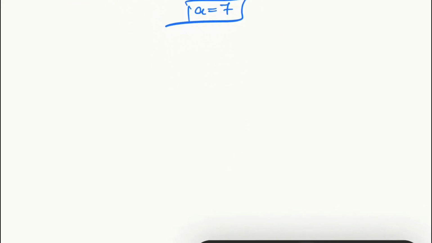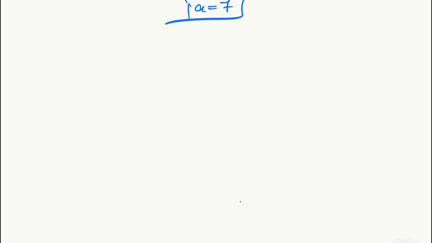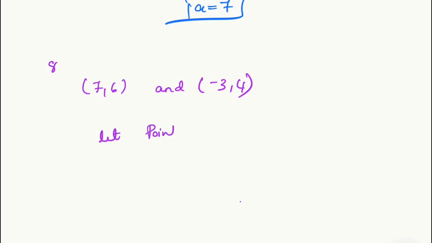Now coming to the next one, the 8th question. What point on the x-axis is equidistant from the points (7, 6) and (minus 3, 4)? Let the point on the x-axis be, I'll take it as (x, 0).